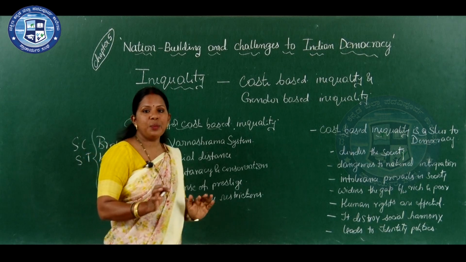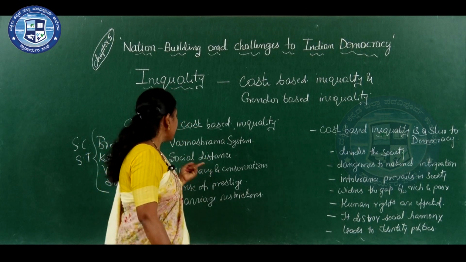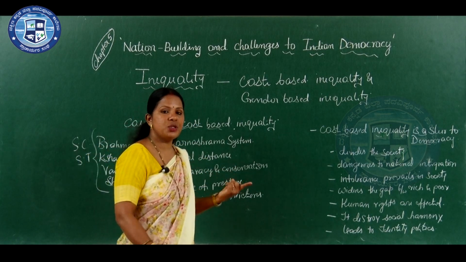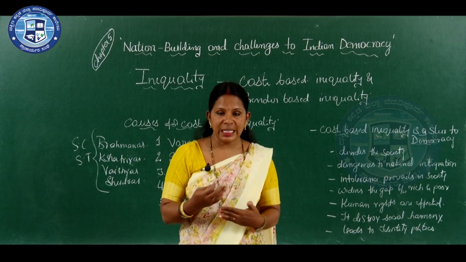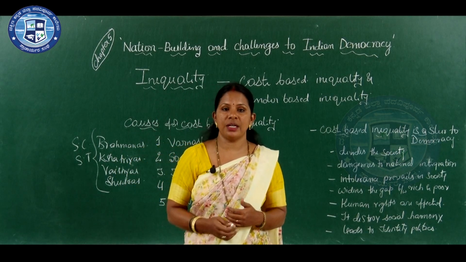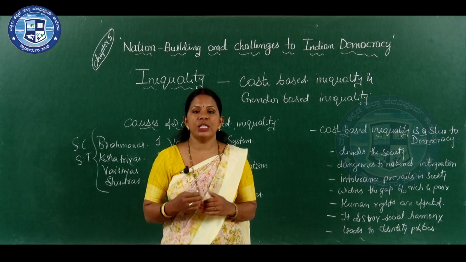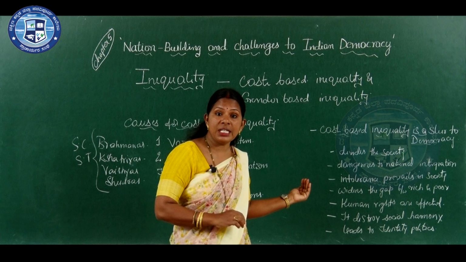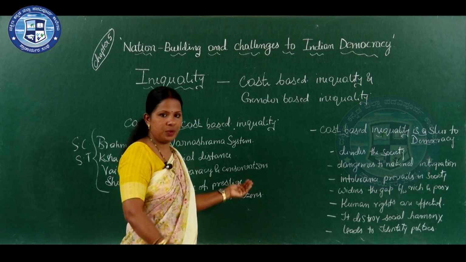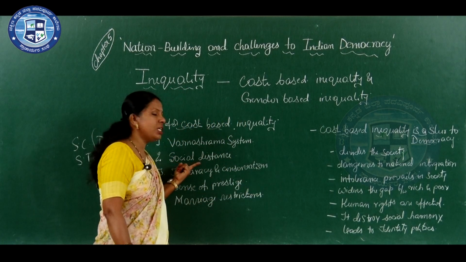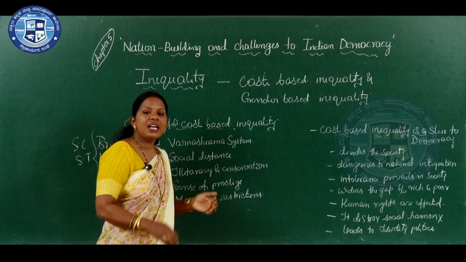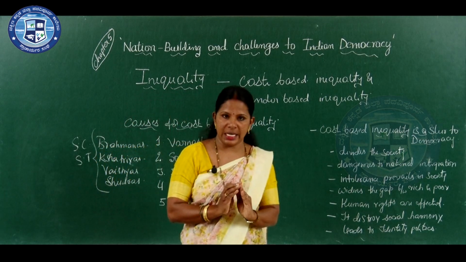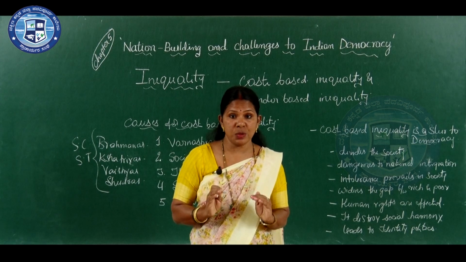Another important cause is social distance. In this pandemic period, we are now also following social distance, but that is for health reasons. This social distance is entirely different from that. Here social distance means caste is a closed society.